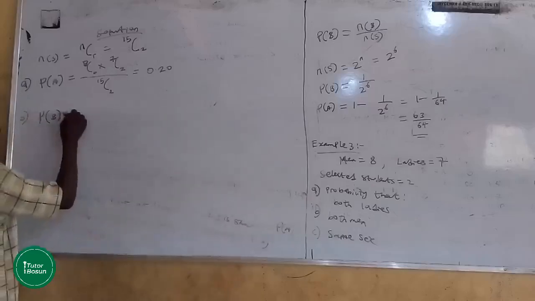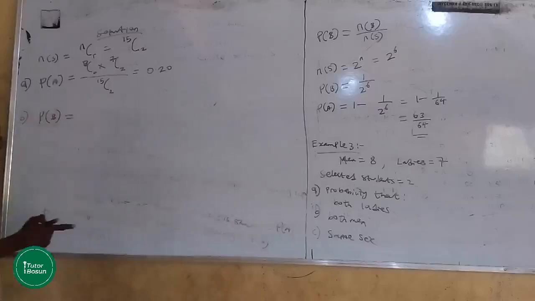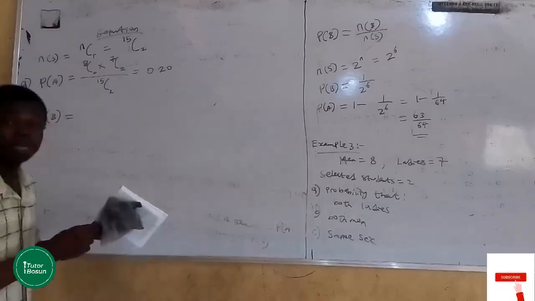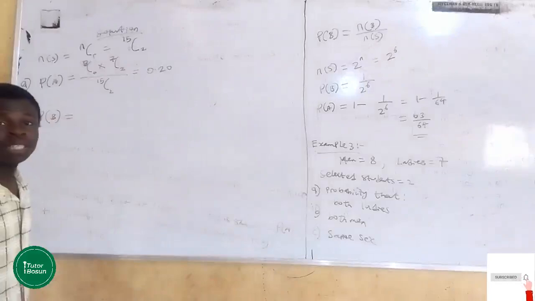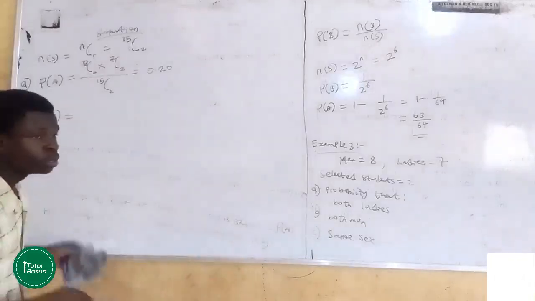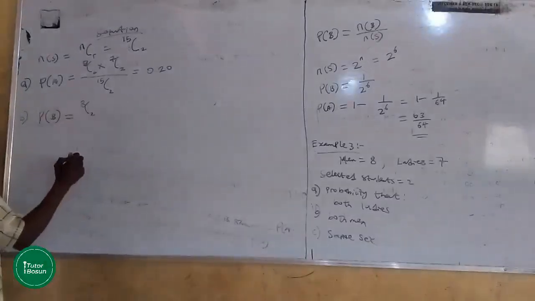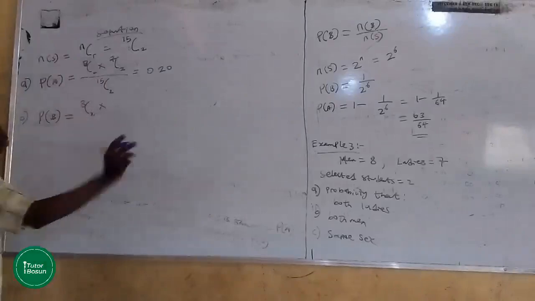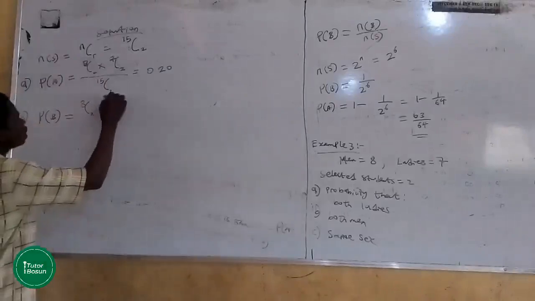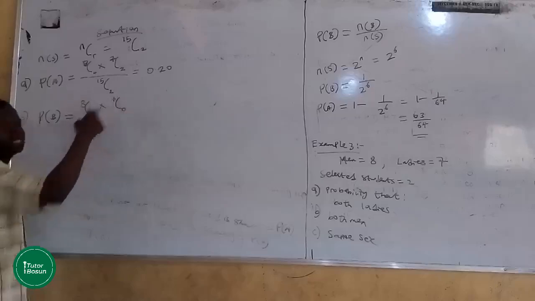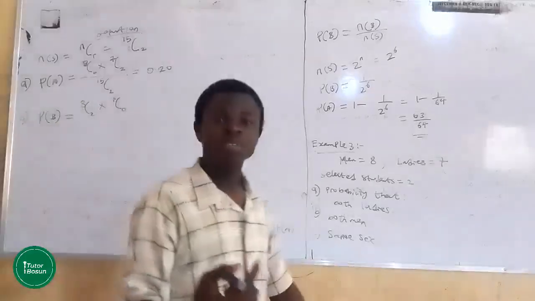So that will be equal to, and in this situation, how many men do we need? We need both to be men. That is, the number of selected men will be 2. That's definitely 8 combination 2, times, unlike the previous one, we don't want ladies at all. So that will be 7 combination 0, because the number of ladies is 7 and the number of selected ladies is 0.